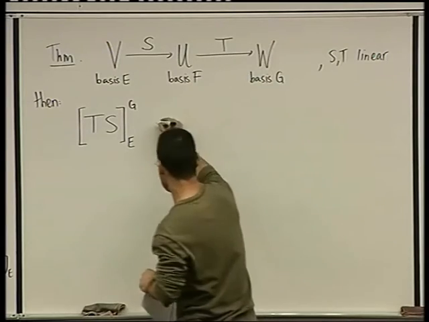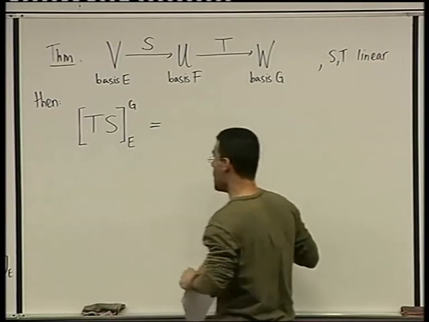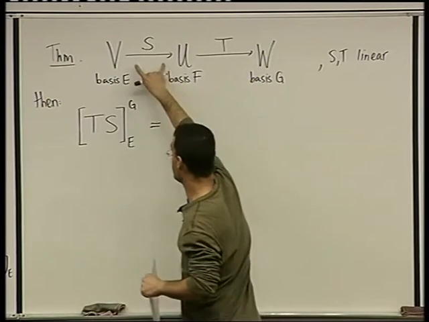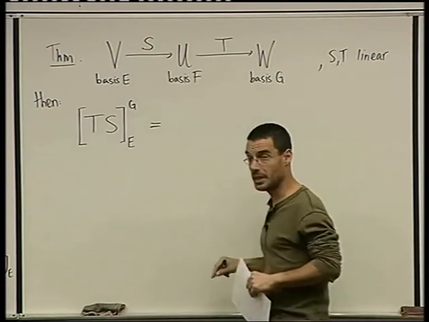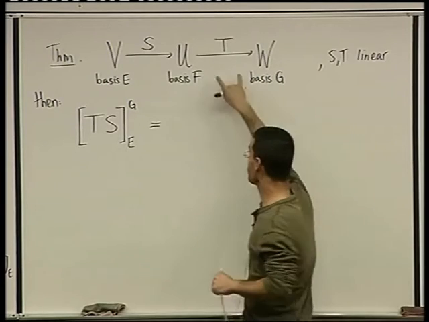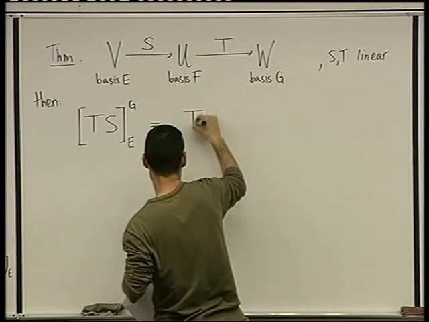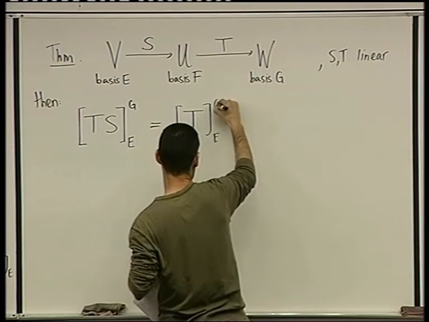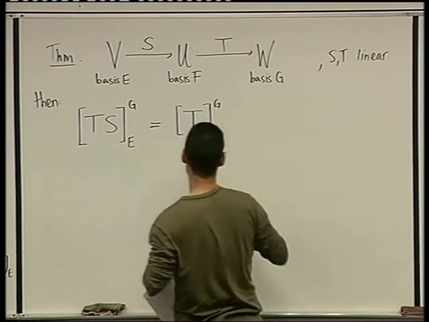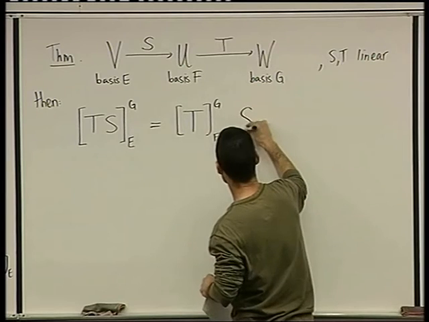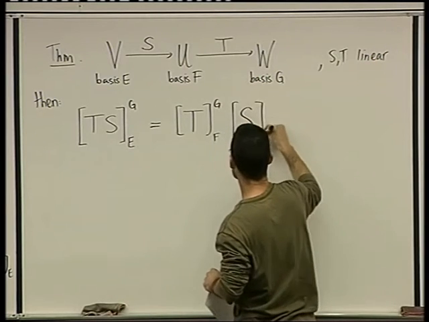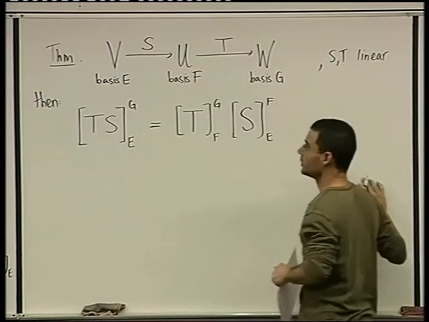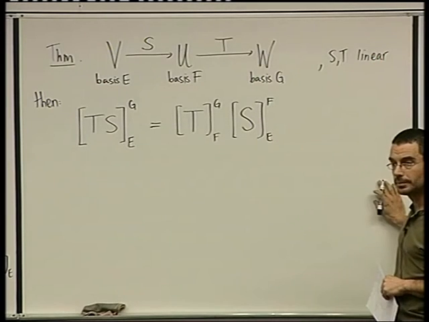And the claim is that this equals the matrix multiplication of the matrix representing T, which is the matrix T, F, G, and the matrix representing S, which is the matrix S, E, F. That's what we need to prove.